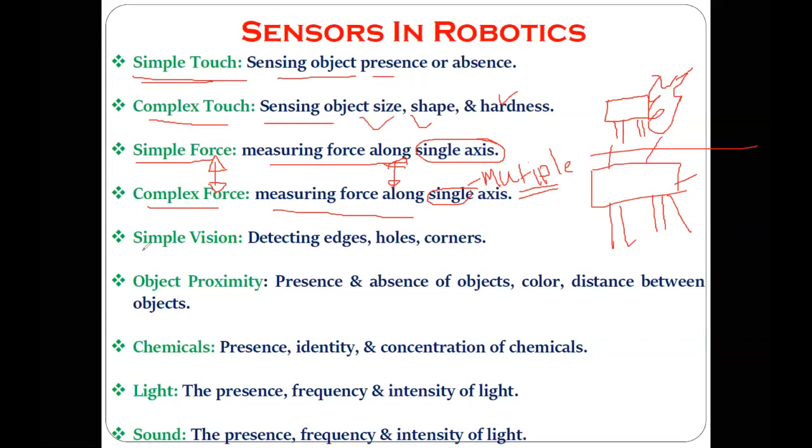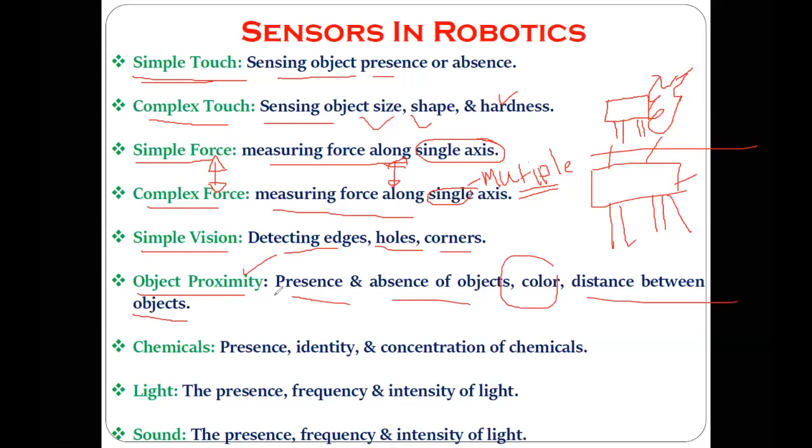Then likewise we have simple vision sensors, which are used for the purpose of detecting the edges, holes, and corners of different kinds of objects. Then we have object proximity sensors, which are used for detecting the presence or absence of the object, the color of the object, and the distance to the object.